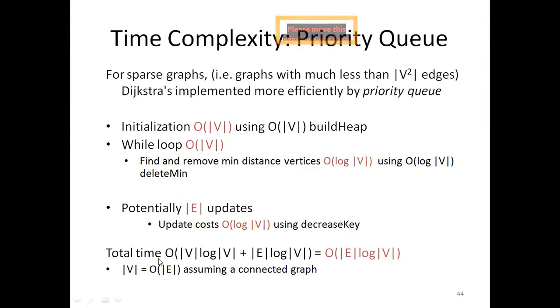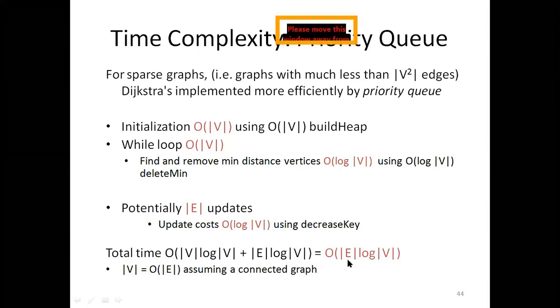So now what is the total time? Total time is O of number of vertices multiplied by logarithm of number of vertices, plus number of edges multiplied by logarithm of number of vertices. So finally we will get O of E log V. The number of vertices is equal to big O of number of edges for a connected graph.